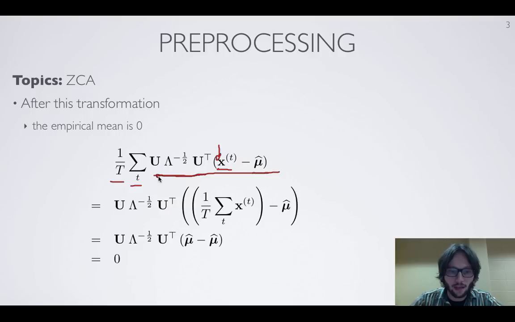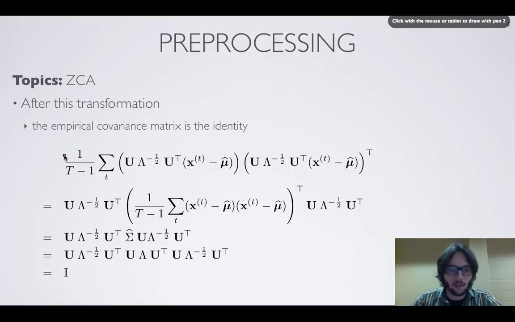So this is equal to the linear transformation times the average of x_t minus the empirical mean. The empirical mean is just the average of the x_t, so this is just mu hat. Then we have mu hat minus mu hat, which is 0, times this transformation, that's going to be 0. So we do have that the empirical mean is equal to 0 once we've performed this transformation.